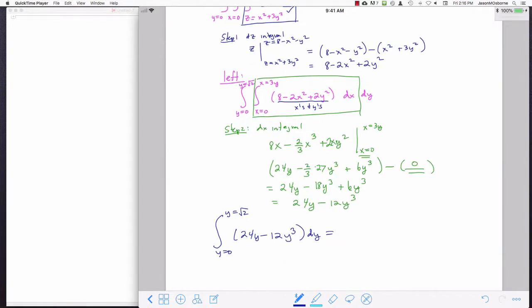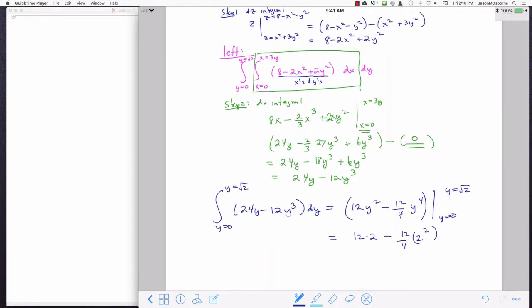which is now a Calc 1 integral, and we get, what is that, 12y squared minus 12 over 4 y to the 4th. And we're going to evaluate from y is equal to 0 to y is equal to square root of 2. Alright, so top limit, that's 12 times 2 minus 12 over 4 times 2 squared.